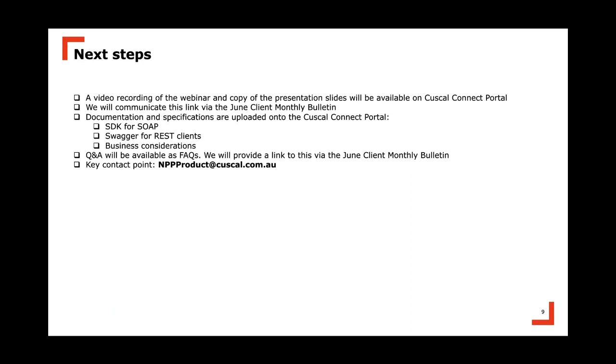These will be available, and we'll also send this out separately to any clients who have missed out on being part of this meeting, as part of the monthly bulletin. As mentioned earlier, the documents and specifications are uploaded onto the Cuscal Connect portal: the SDK for SOAP, Swagger for REST clients, and the business considerations.